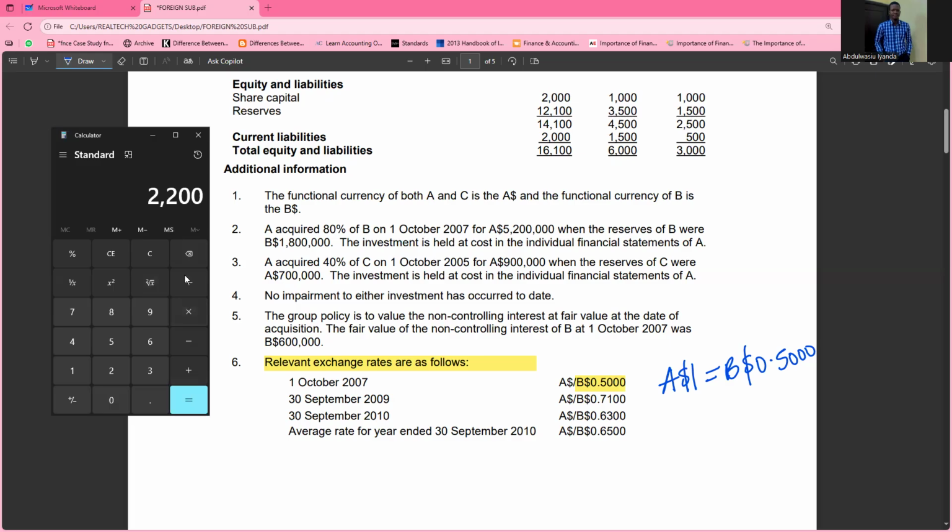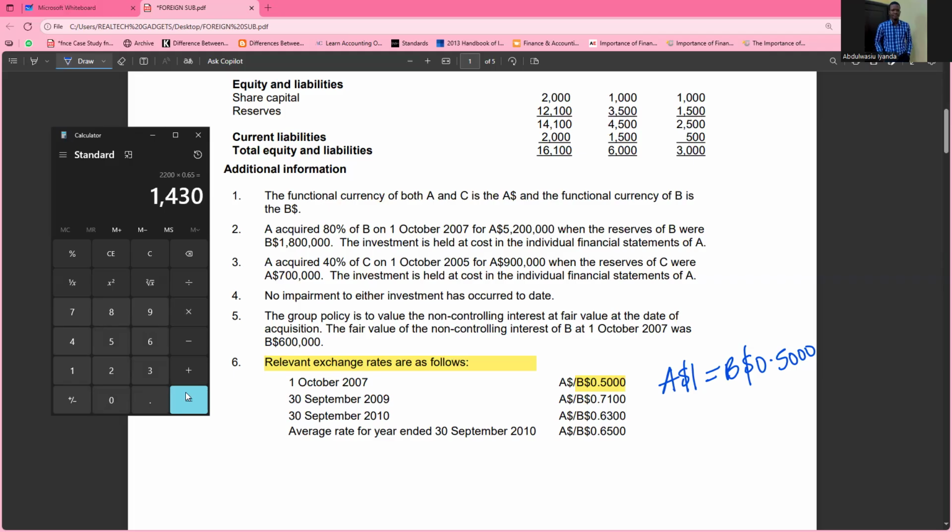Your answer is that if you convert this 2,200 to the parent, it must be more than 2,200. So if I say 2,200 multiplied by 0.65, you can see I'm having 1,430. So meaning now that this is wrong.